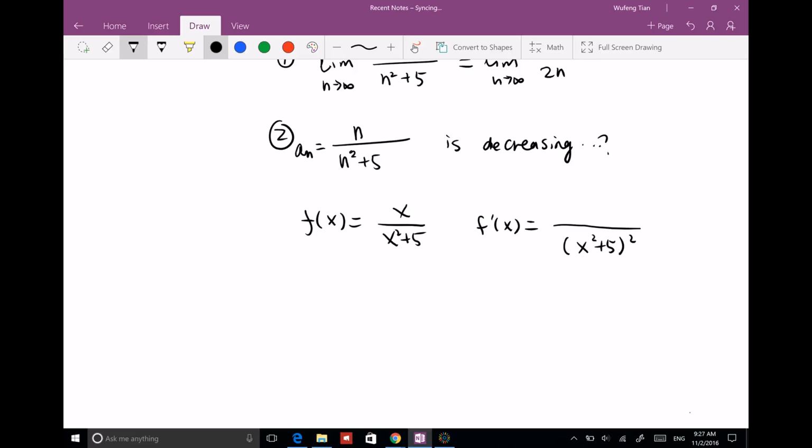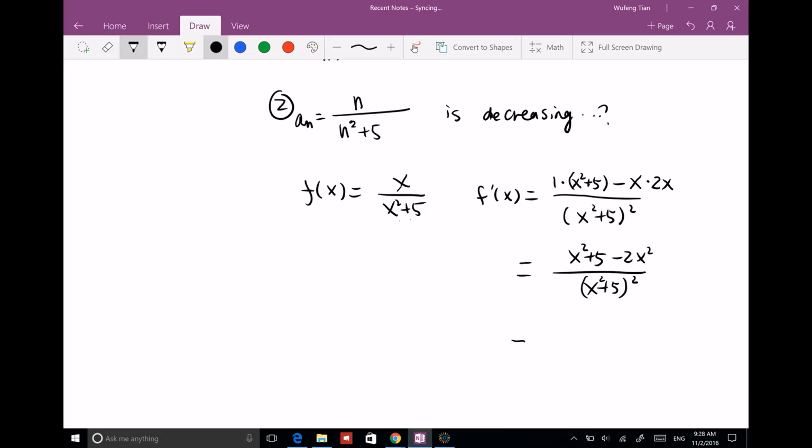So the derivative of x is 1 times keep the denominator x squared plus 5, minus keep the numerator, the derivative of the bottom is 2x. So I got x squared plus 5 minus 2x squared. The bottom is always positive, I don't have to worry about that. So the numerator is negative x squared plus 5 over x squared plus 5.